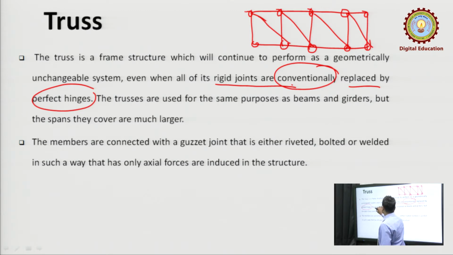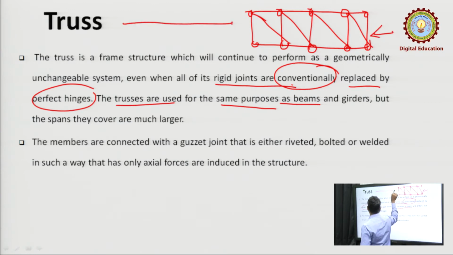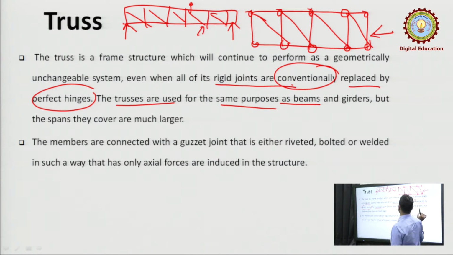The trusses are used for the same purposes as a beam. When we are designing for any beam, for example this is your beam, you can also use a truss in place of the beam, only when the spans they cover are very much larger.